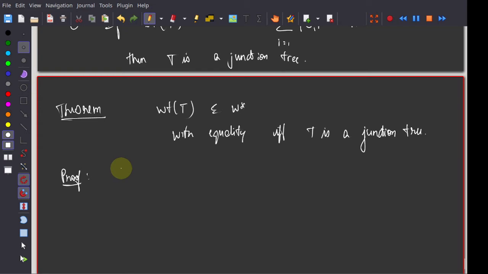So firstly, you should convince yourself that any junction tree has to be a spanning tree of TLD. It has to be some spanning tree. It is always a spanning tree because after all, it has to connect all the vertices and it has to be a tree.